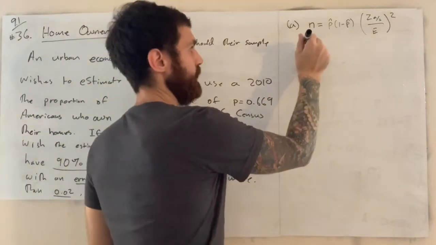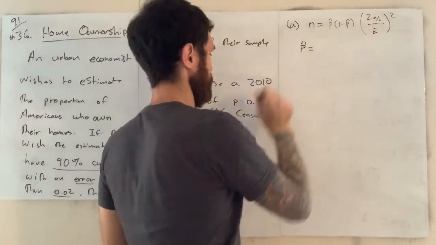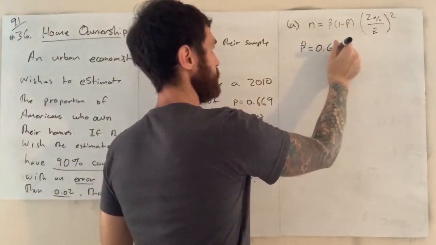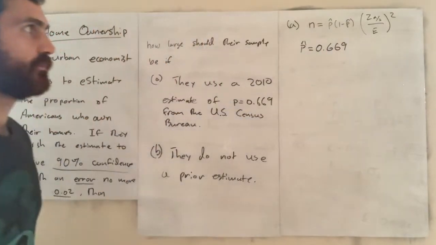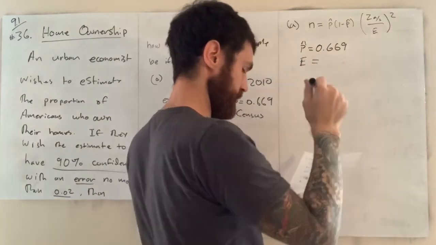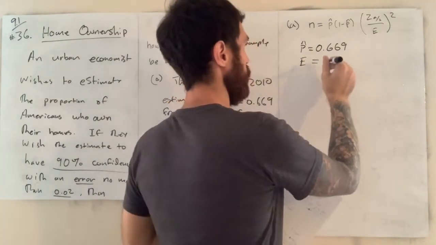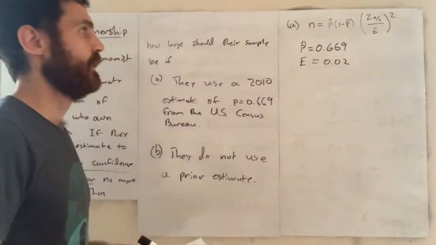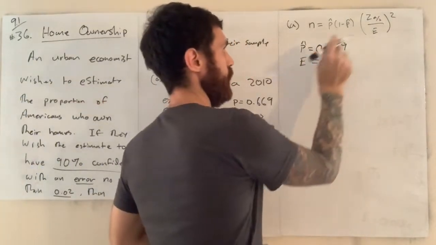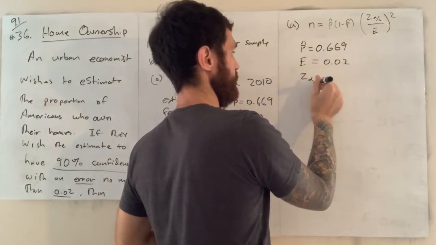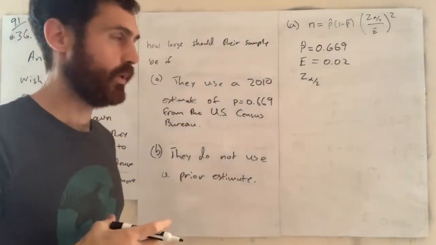Okay, so we just need to figure out these things. In part A, we're going to be using this p-value as our p hat, because this is our prior estimate. And our error, our e, is going to be 0.02. And how do we find our z sub alpha over 2? This takes a little more effort.